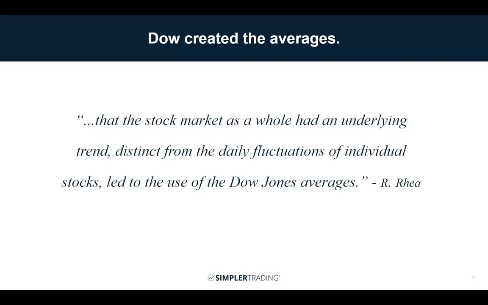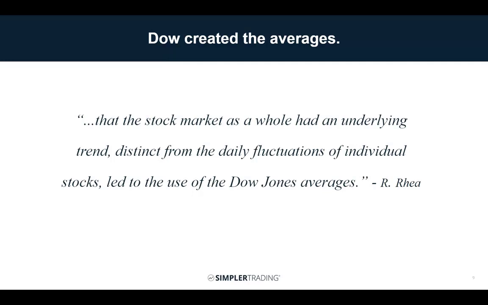The stock market as a whole had an underlying trend, right? This is something that Dow and his students talked about early on, that the stock market as a whole had an underlying trend, distinct from daily fluctuations of individual stocks. So he noticed that what? Certain stocks moved together. And then what happened? It led to the use, really the creation of the Dow Jones averages.